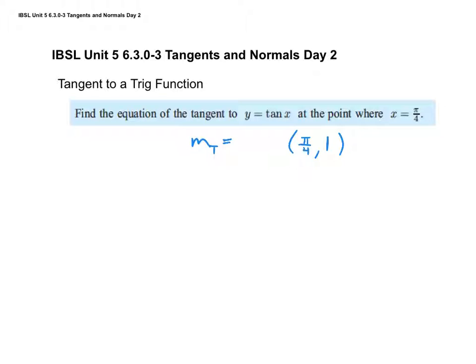Alright. So now the slope of the tangent line we need, what are we going to do? Find the equation of the tangent. If I need the slope of the tangent line, find the derivative. What is the derivative of tangent?